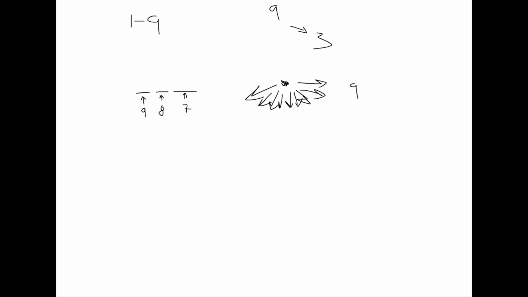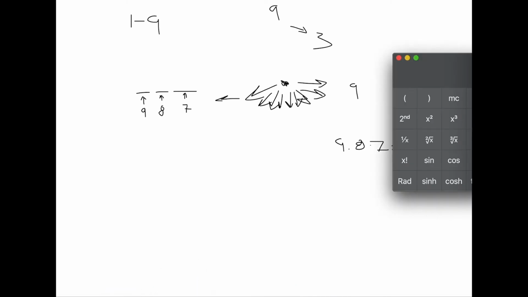So there are 9 different paths that you can take for the first position, and then at the end of each of these paths, there are going to be 8 paths, and then at the end of each of those paths, there are going to be 7 paths. So 9 times 8 times 7, and that is equal to... Actually, let's just take out the calculator to be sure. 504.